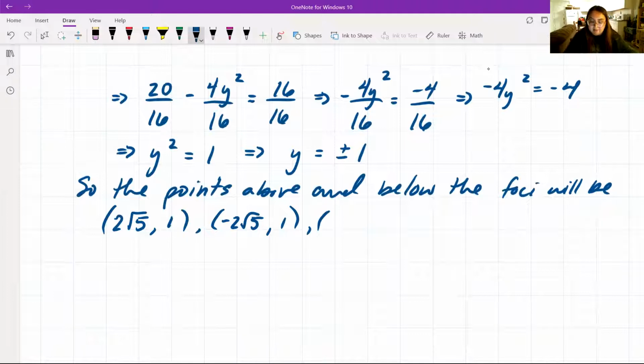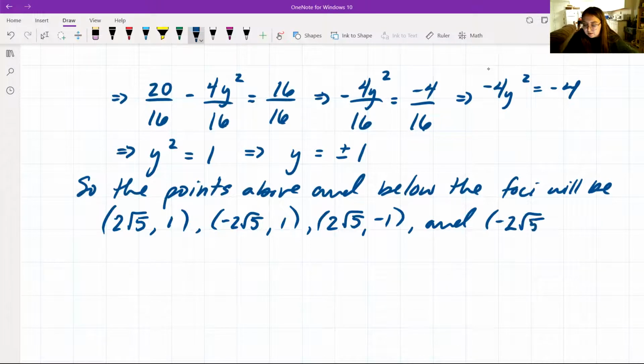Then we have our negative 1, so we have 2 times the square root of 5, negative 1. And negative 2 times the square root of 5, comma negative 1. So these are our 4 points. You should end up with 4 points in this case because you have a plus or minus c for your foci, and then you have your plus or minus value of y. So you end up with 4 different points.